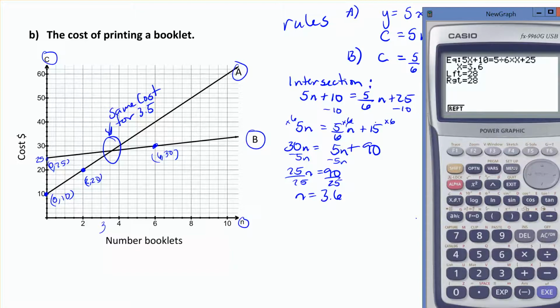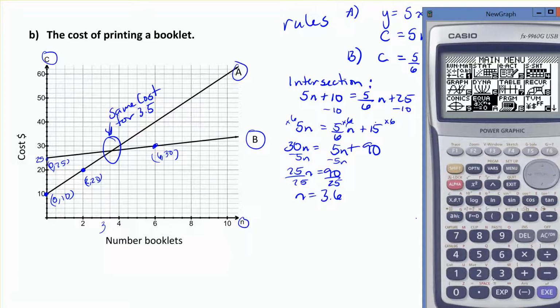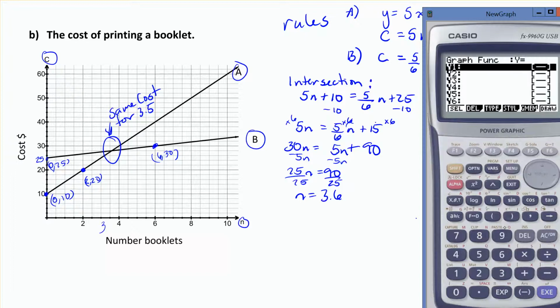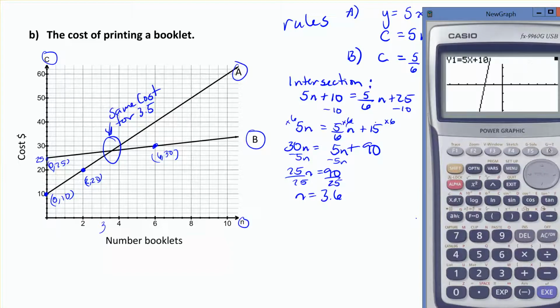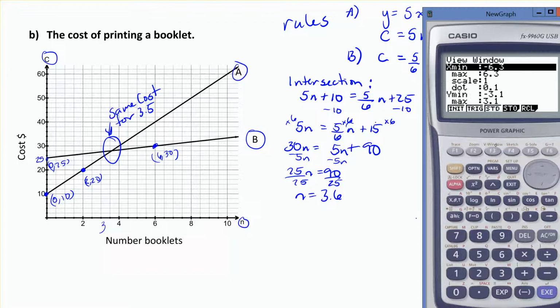Another way to do this could be inside of Graph. If you were in Graph, enter in your two equations, 5x plus 10, and 5 divided by 6 times x plus 25. Go ahead and draw it, and remember, you need to make sure you can see it all, so let's change my view window to match what it says on my graph, which is from 0 to 10 and from 0 to 60.